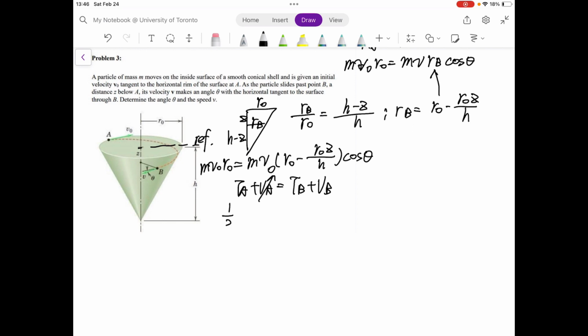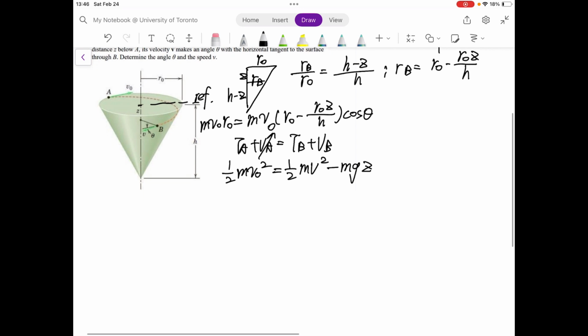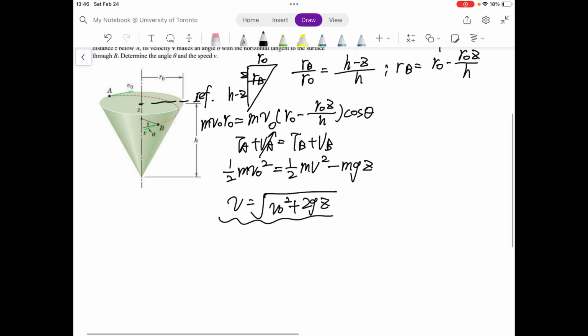So we have 1 over 2 m vO squared is equal to 1 over 2 m v squared minus m g z. So v is equal to the square root of vO squared plus 2gz. So here is the magnitude of the velocity.